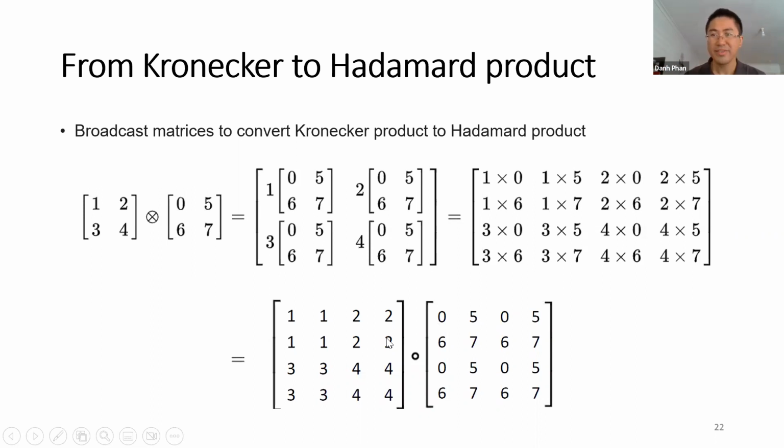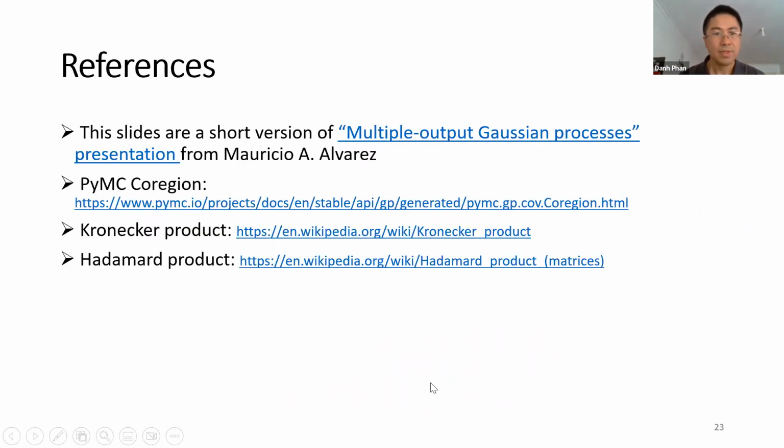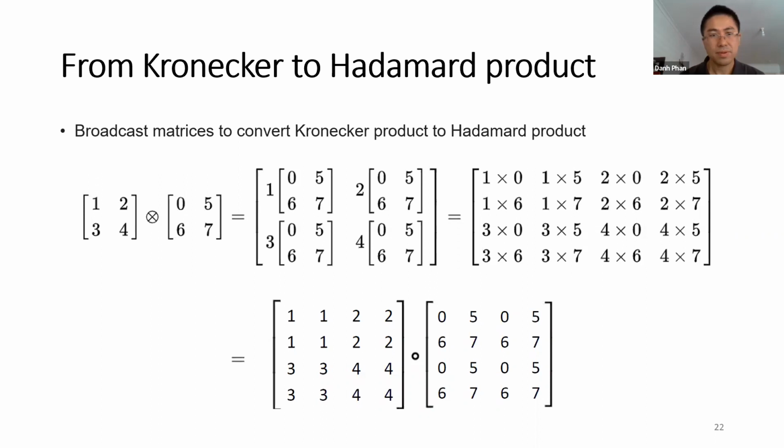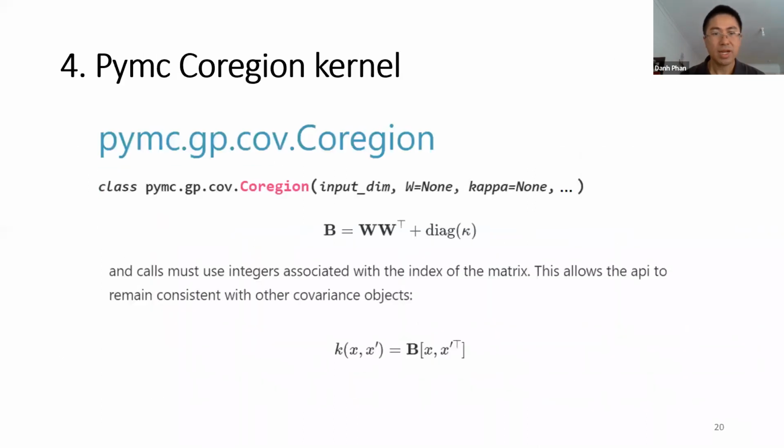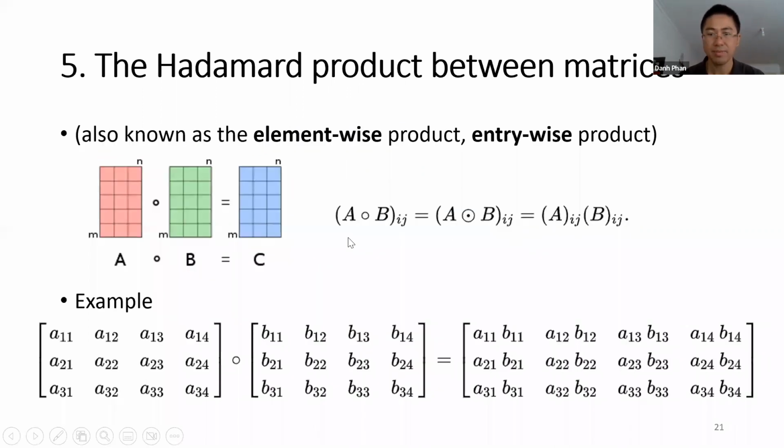So that is the reason why we convert the Kronecker product to a Hadamard product. So the underlying Coregion here, we convert that. I will show you later in an example.